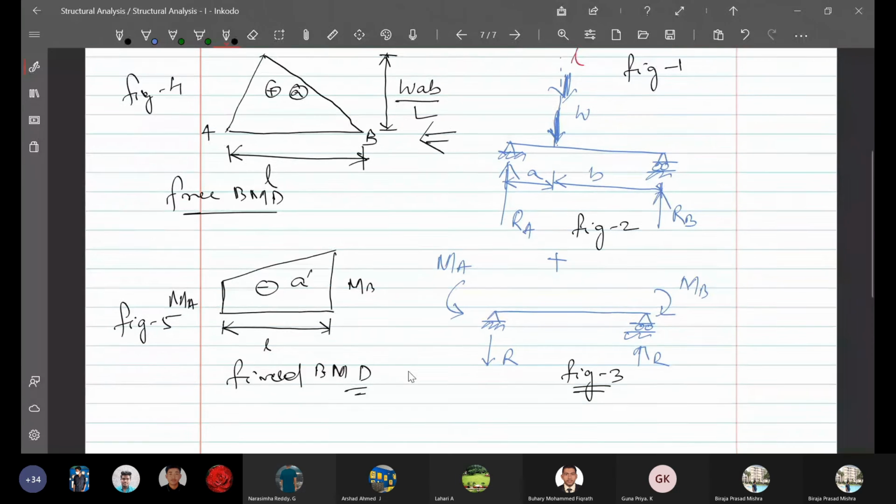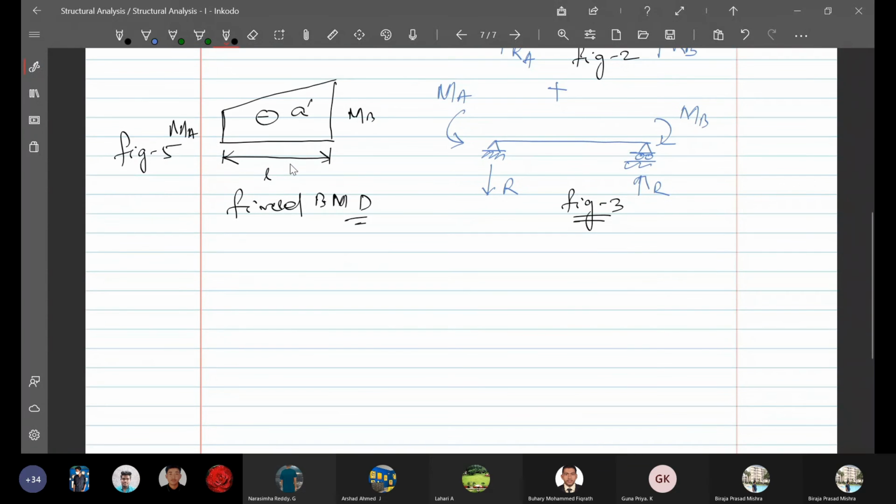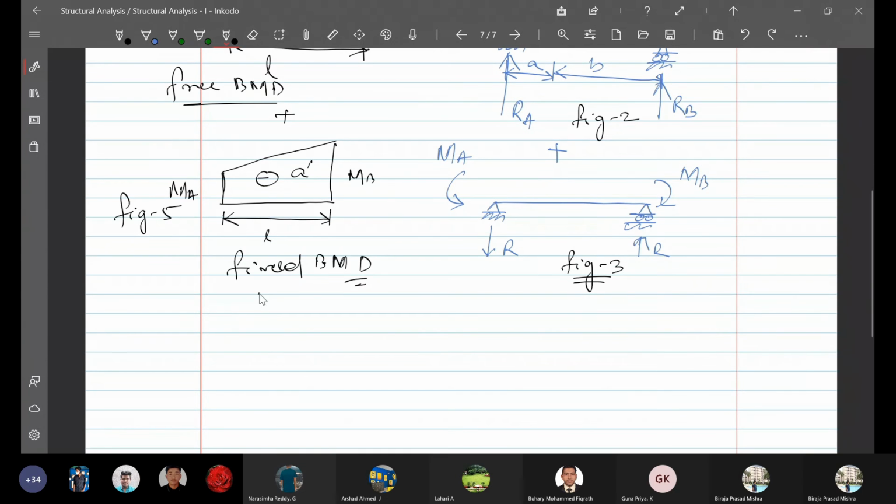Now if I combine these two bending moment diagrams, what will be my resultant bending moment diagram? So I'm making a sign plus. Let me change the ink for that. My combined bending moment diagram will look somewhat like this. This is for MA, this is for MB.